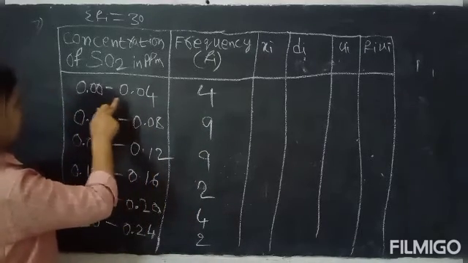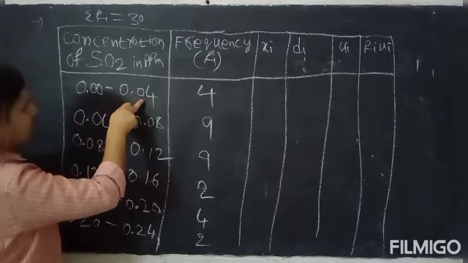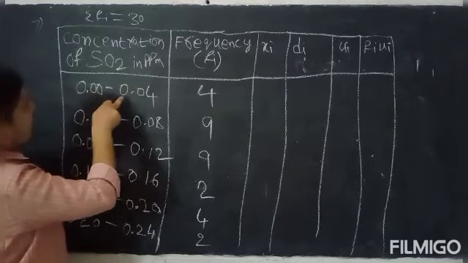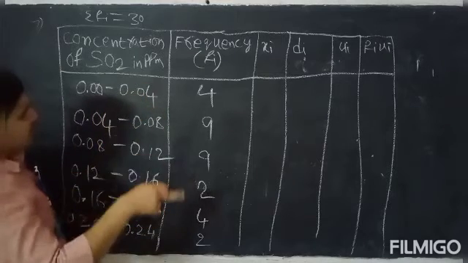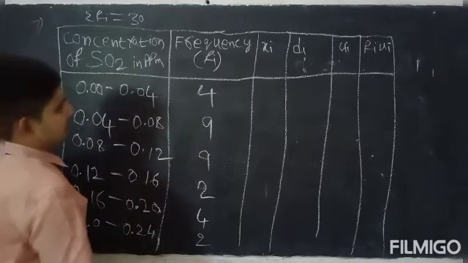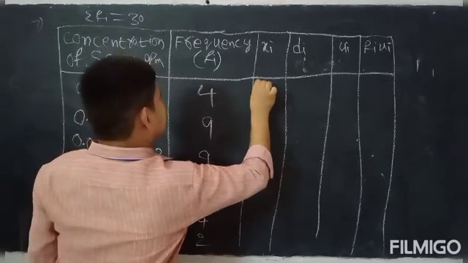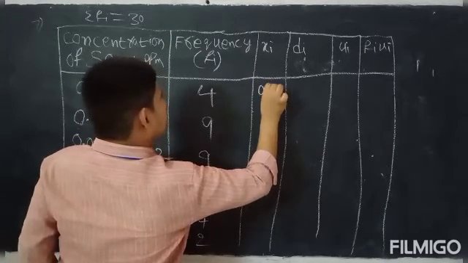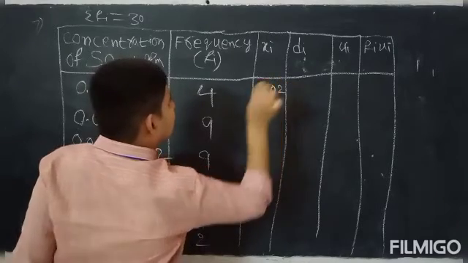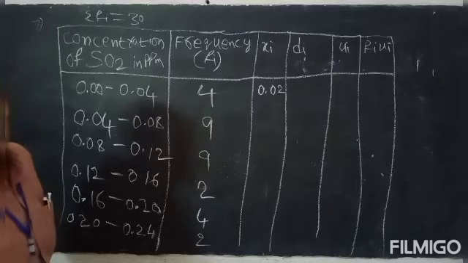0.002, 0.04. This is the upper boundary value. So 0.00 plus 0.04 by 2, that is nothing but 0.02. Okay?